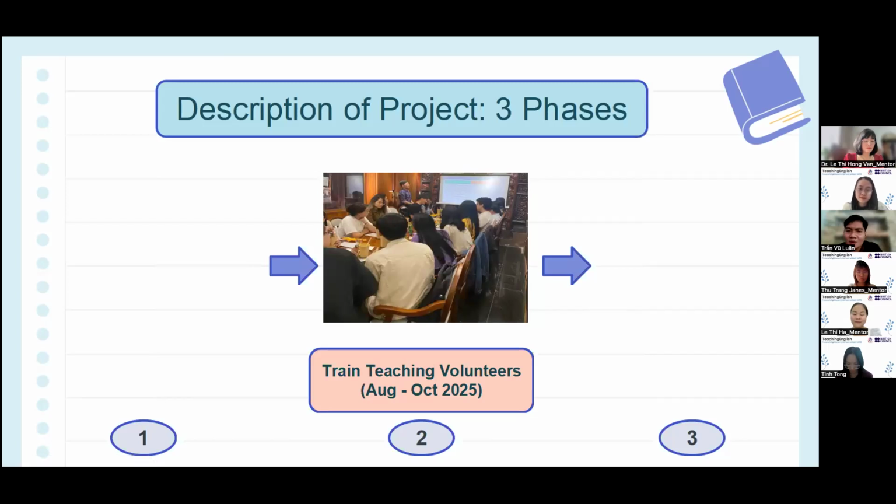So, can you guess phase number 1? Before training teaching volunteers, what should I do? Recruit them.